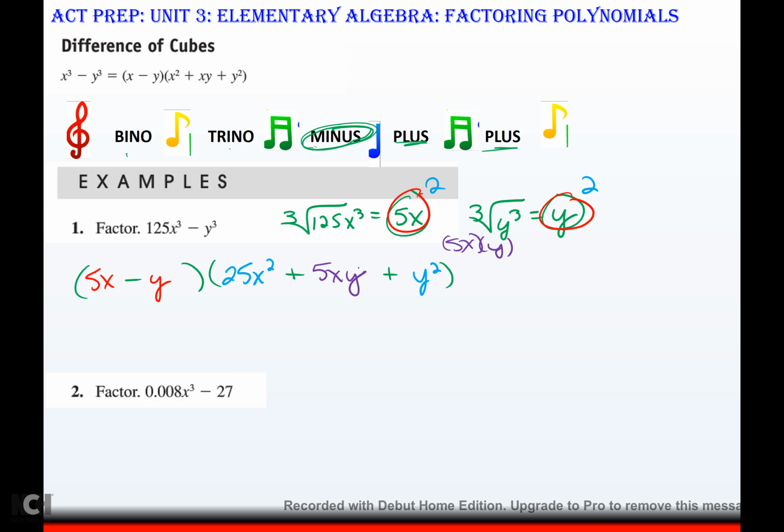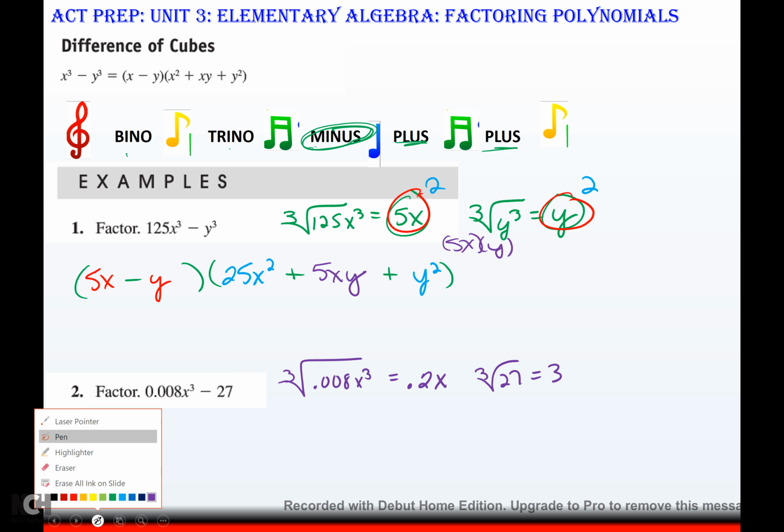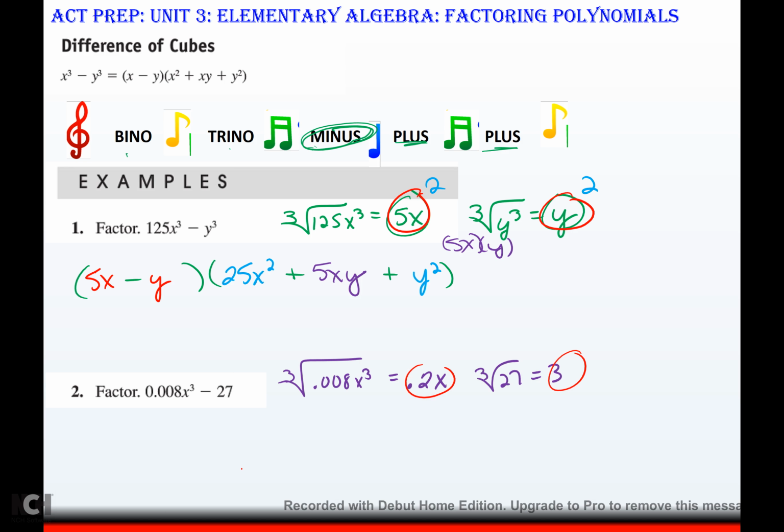Okay. Number 2, I got to see if they're perfect. The cube root of 0.008x cubed. Again, type in the cube root of 0.008, and it will tell you 0.2x. Cube root of x cubed is x. Okay. And then the cube root of 27 is 3, so it is perfect, which is going to give me binomial, trinomial, minus, plus, plus.